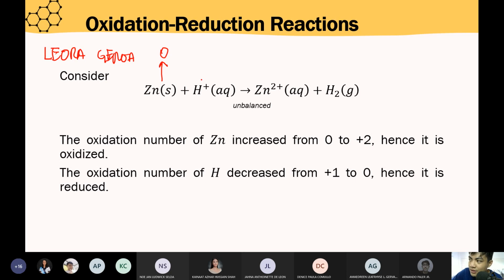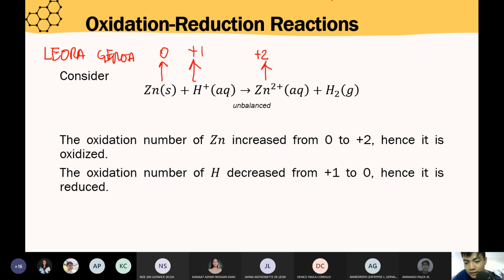H plus, okay, so H plus, monoatomic ion, rule number 2. So whatever the charge of the monoatomic ion is, that's the oxidation number. Zinc 2 plus, this is a monoatomic ion, and whatever the charge of the ion is the oxidation number itself.